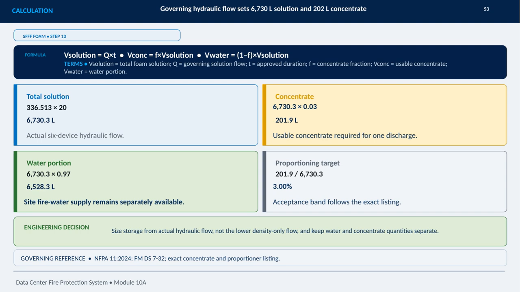The applicable acceptance band still needs to follow the exact listing for the concentrate and proportioner. The engineering decision is therefore to size storage from the actual 6-device hydraulic flow, rather than from the lower density-only flow. This calculation is governed by NFPA 11, the 2024 edition, FMDS 7-32, and the exact equipment listing.